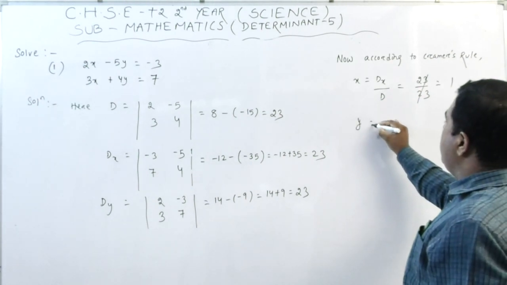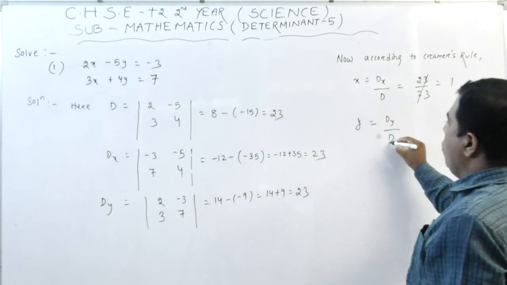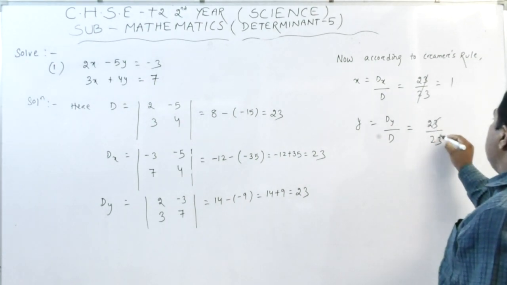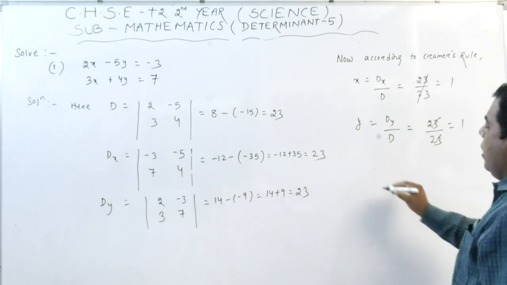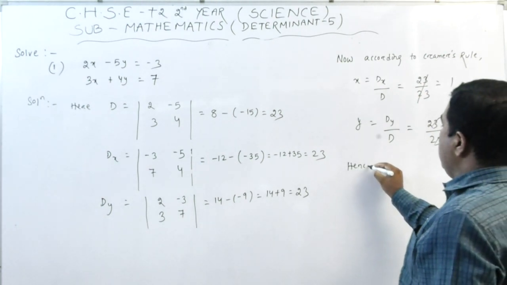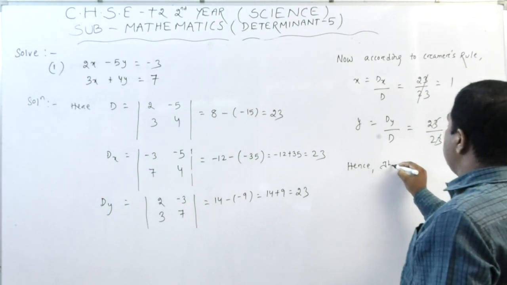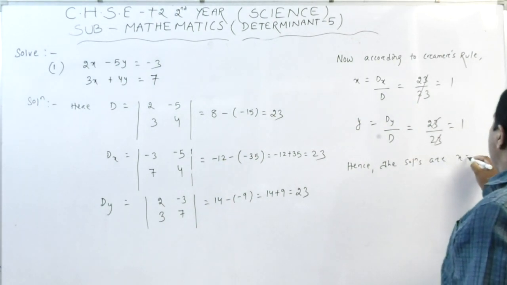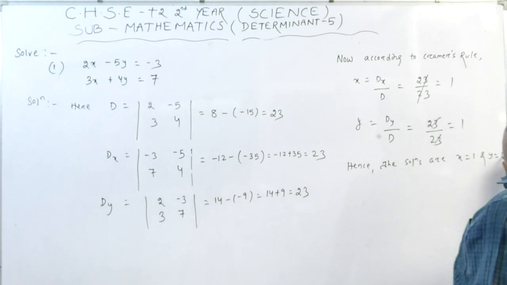Similarly, y is equal to dy on d, which is equal to 23 on 23, so on cancellation it is also 1. Hence the solutions are x equal to 1 and y equal to 1.